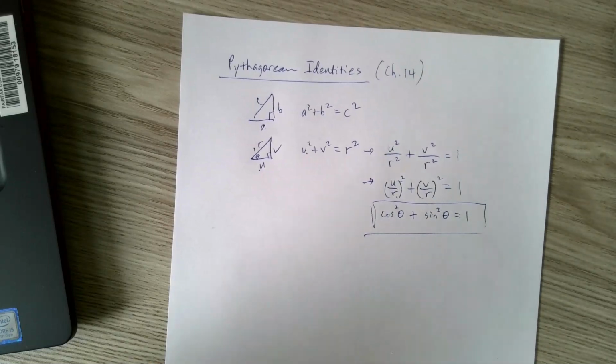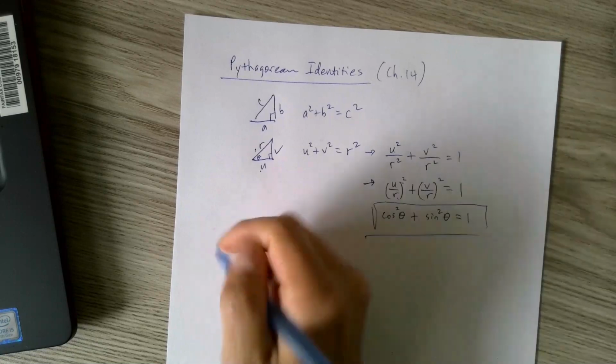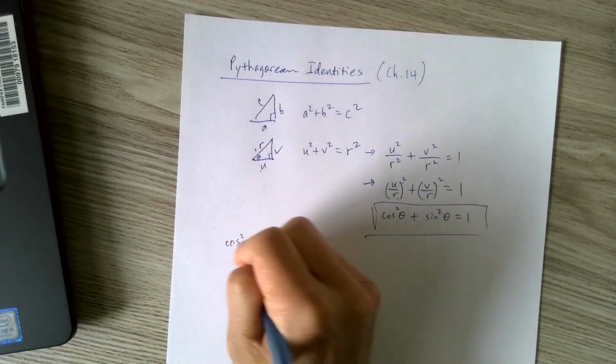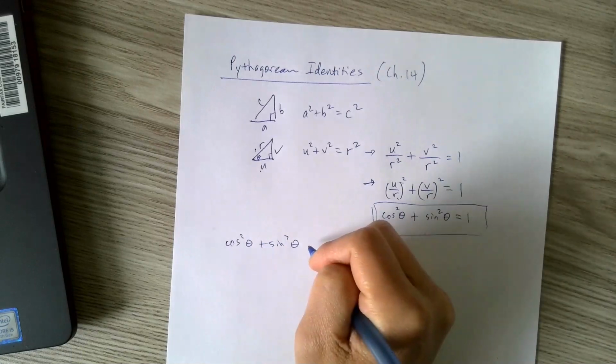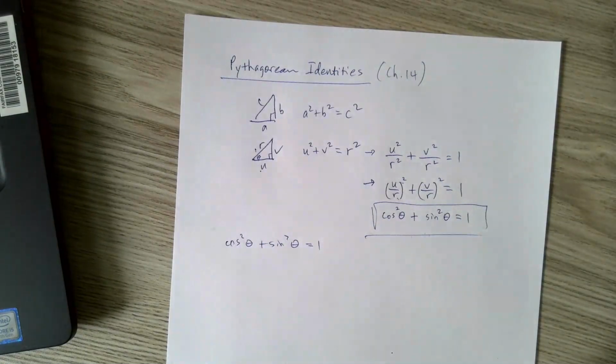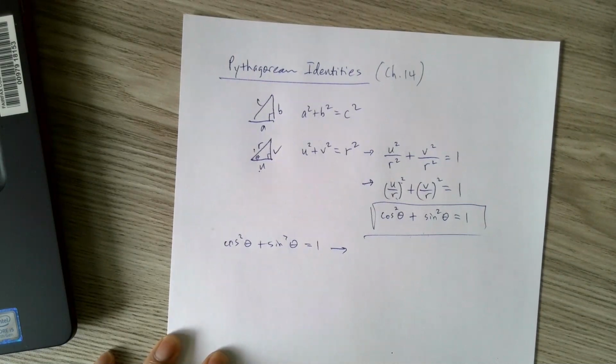Okay, there are two more Pythagorean identities, and they're both based on this. So I'm going to take this identity and I'm going to divide both sides by sine squared.